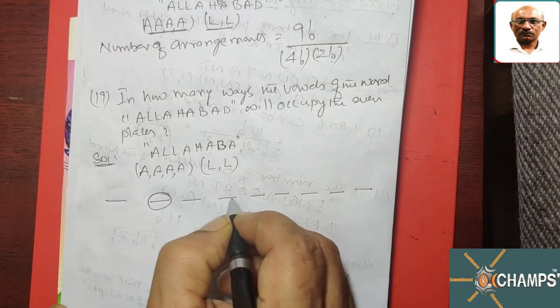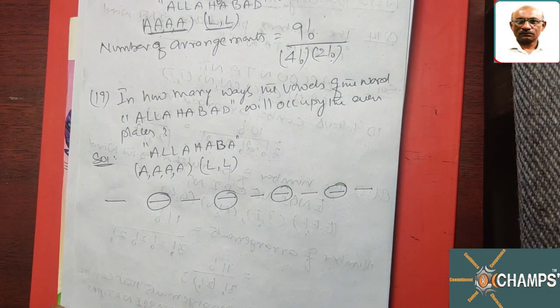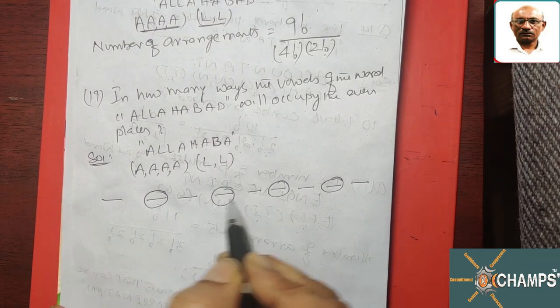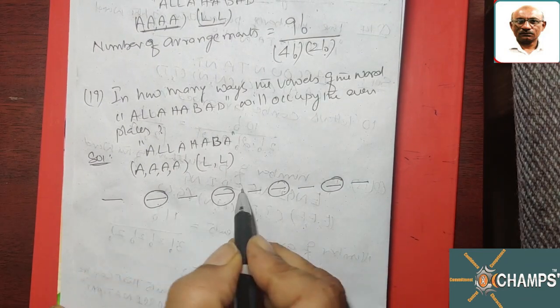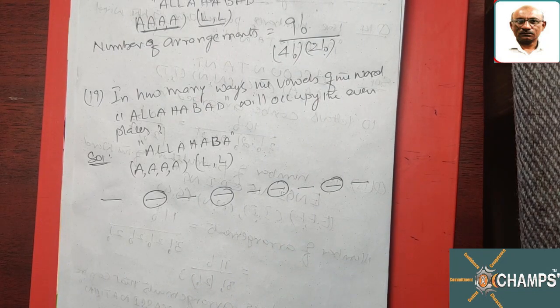Out of these 9 places, not letters, 9 places, 4 even places are there and 5 odd places are there.